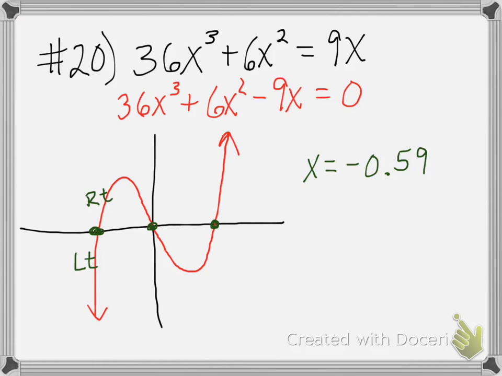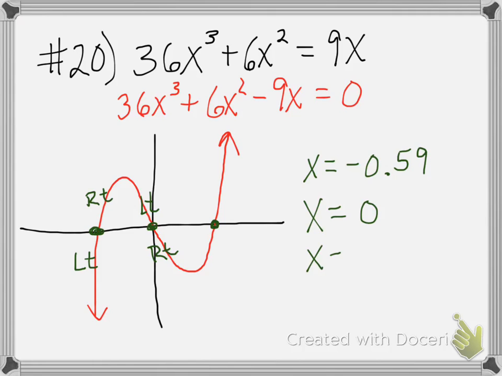Okay? Now, press second trace again. Only this time we'll find the middle 0. So when it says left bound, the left bound of that middle 0 is above, and the right bound is below. And when you hit enter for guess, you will notice that that one is 0.